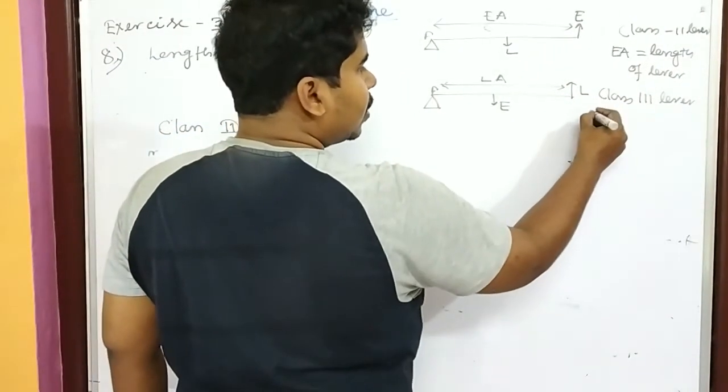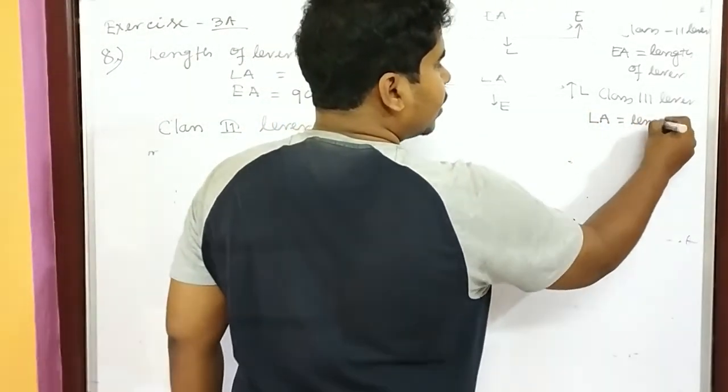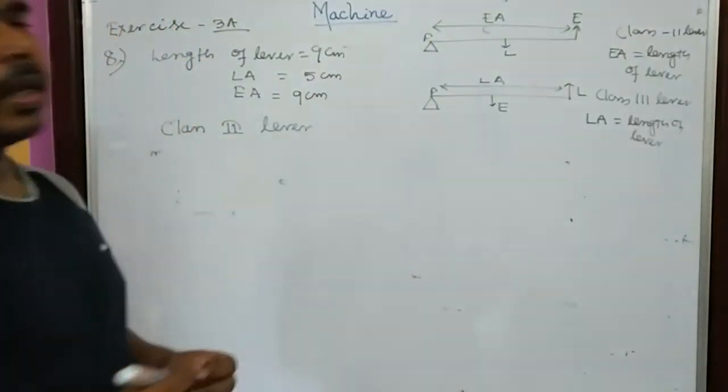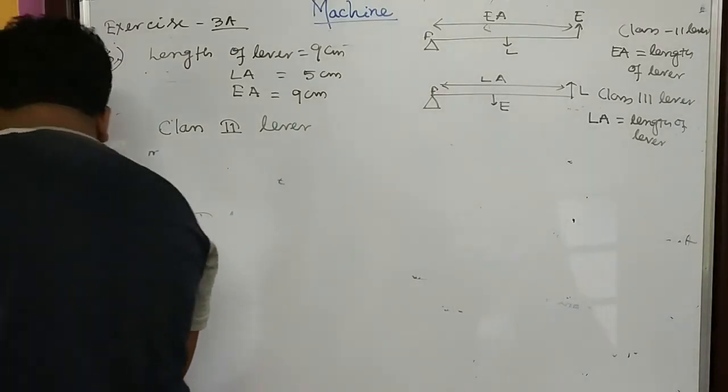So for a class 3 lever, load arm is equal to length of lever. So for a numerical, you have to understand that if the length of lever is equal to the effort arm, then it is a class 2 lever, and if the length of lever is equal to the load arm, then it is a class 3 lever. Then we go to the next question.